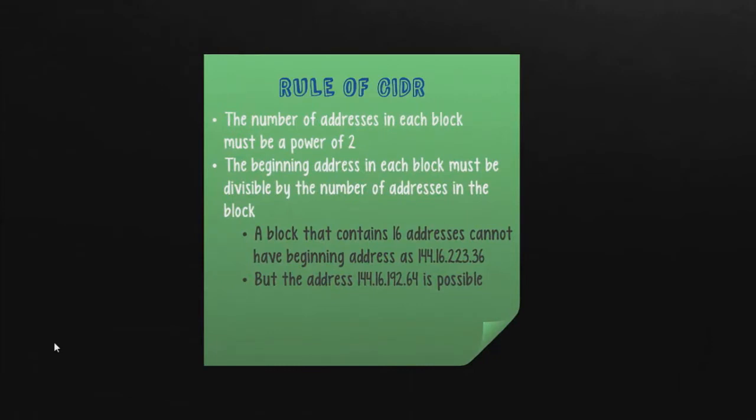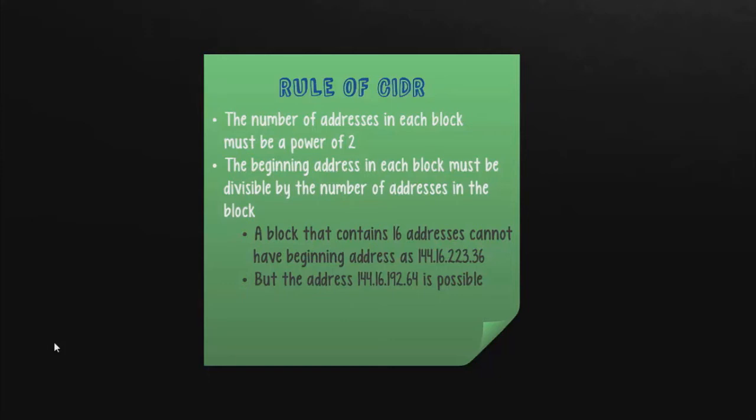Okay, now I'm going to explain the rules of CIDR. One of the rules of CIDR is that the number of addresses in each block must be a power of 2. The beginning address in each block must be divisible by the number of addresses in the block.